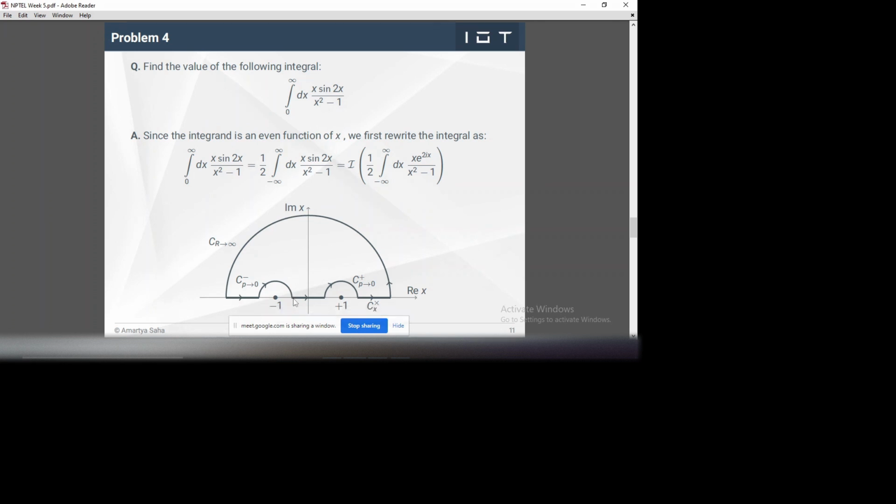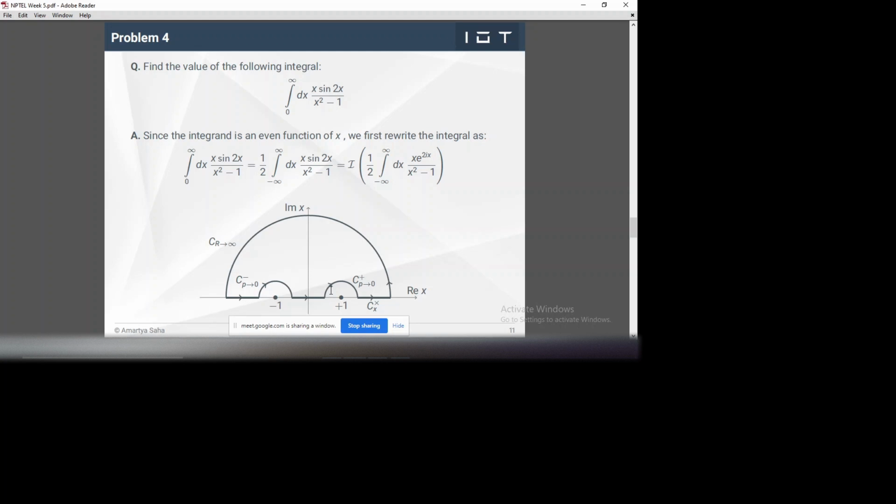Then we again continue along the real line until we encounter another point of difficulty. Another point of singularity is plus 1, and we have to exclude this point too. So we continue along the real line from the right of minus 1 to the left of plus 1, and we have to exclude the point plus 1 from the contour.